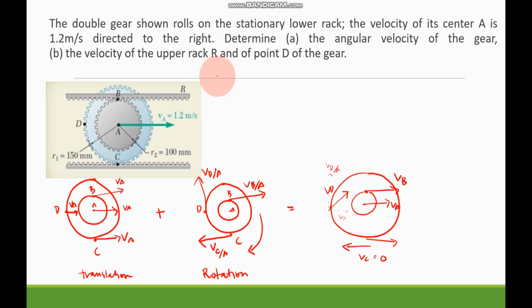Therefore, we can say that the velocity of B is equal to the velocity of A plus the relative velocity of B with respect to A. And we have our formula a while ago. It is equal to the angular velocity K, and then the relative or the position vector of B with respect to A.